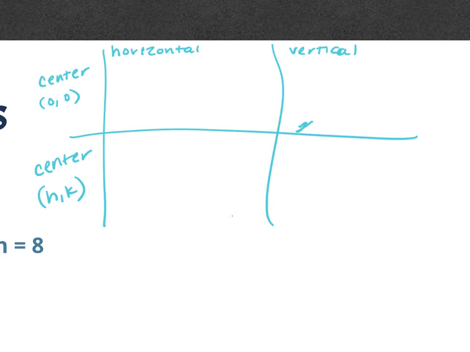So a horizontal with a center at 0, 0 is x squared over a squared plus y squared over b squared equals 1. Remember the a squared is the biggest. So it's not necessarily the order. That could be y squared over b squared plus x squared over a squared.